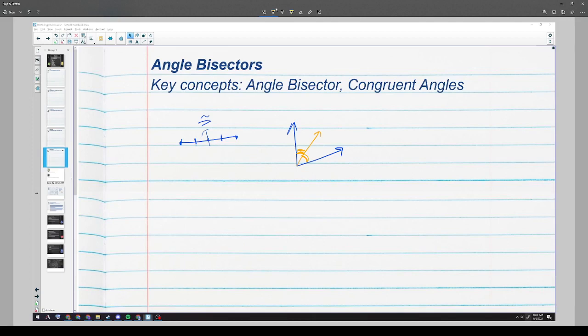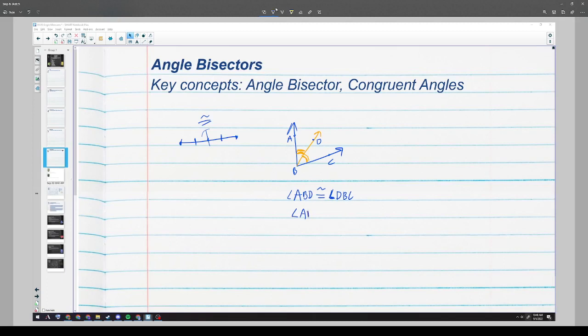So if we had ABC as our initial angle, and we split it with ray BD, then we end up with angle ABD, the upper angle, congruent to angle DBC, the one on the right. In total, these two together add up to the original ABC.